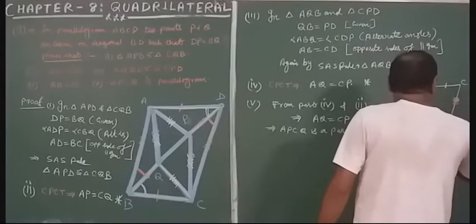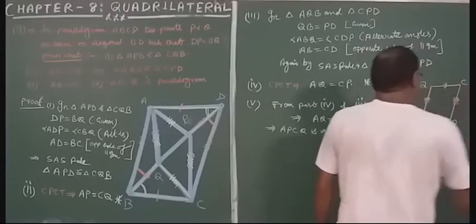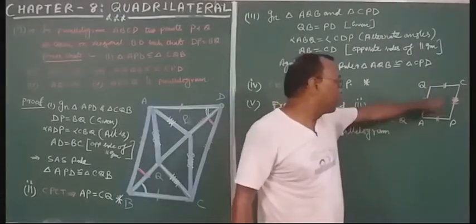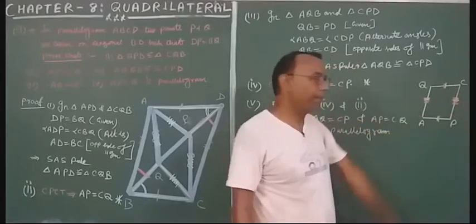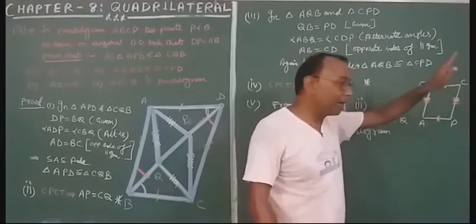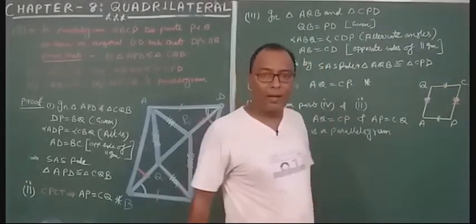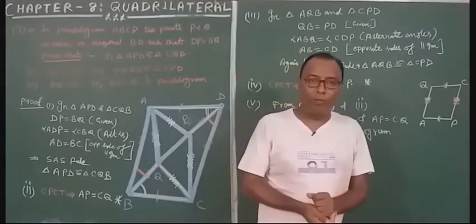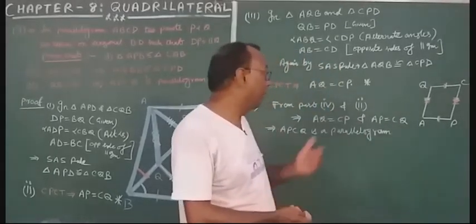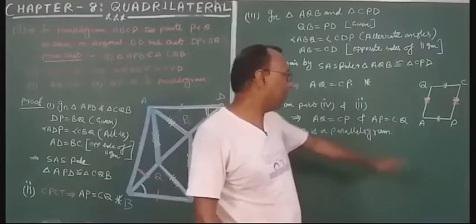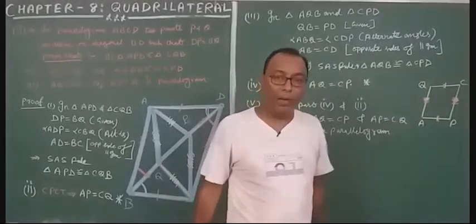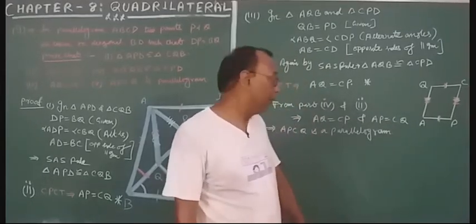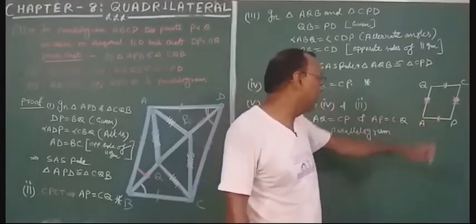So AP is equal to CQ and AQ is equal to CP, that is, both the pairs of opposite sides are equal. It means this APCQ is a parallelogram. Is it okay? This APCQ is a parallelogram.